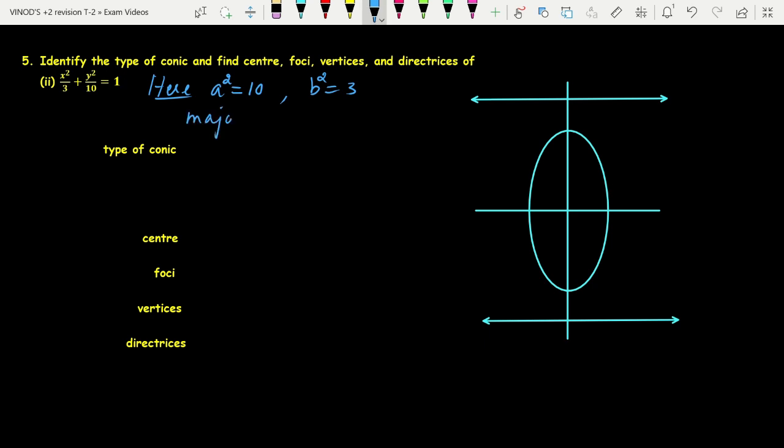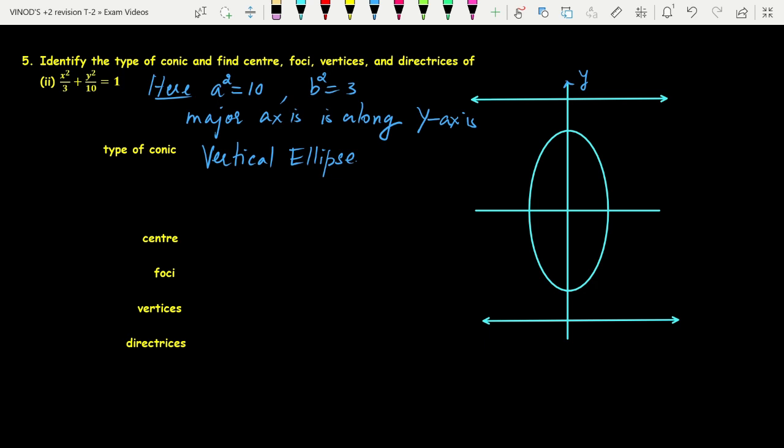And the major axis is along y axis. You can see that along the y axis the length is more. So major axis is y axis. Therefore, the type of conic is vertical ellipse.